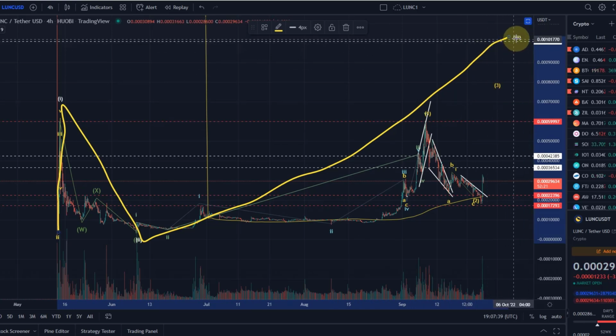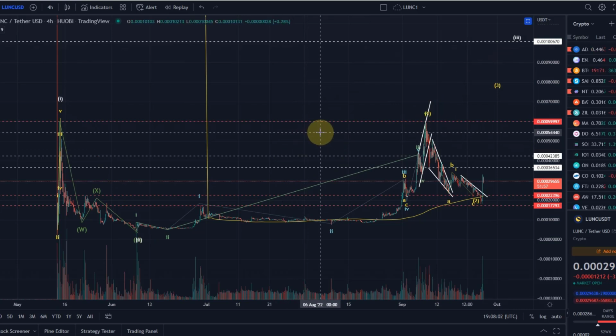Ideally, we're looking at a target for wave 3 at around 0.001. Eventually, we need to break above that 0.001 level to really confirm a bullish scenario here, because this is only a 3-wave structure. Could also be an ABC. So this is not out of the woods yet. It is highly speculative. I always need to warn people about that, right?